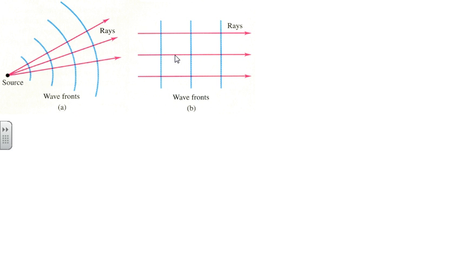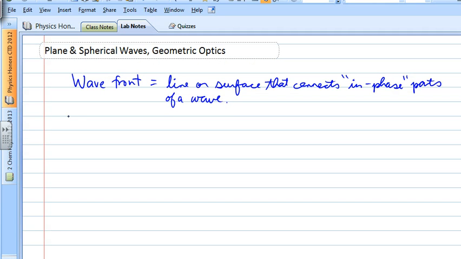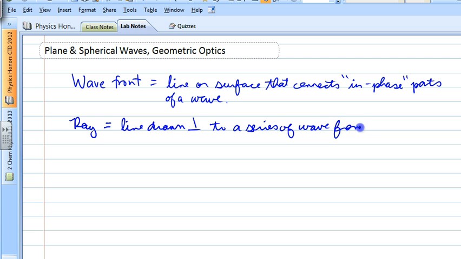Okay, now a ray is another definition that we should make, and a ray is basically a line drawn perpendicular to a series of wave fronts, and it points in the direction of energy flow of the wave.